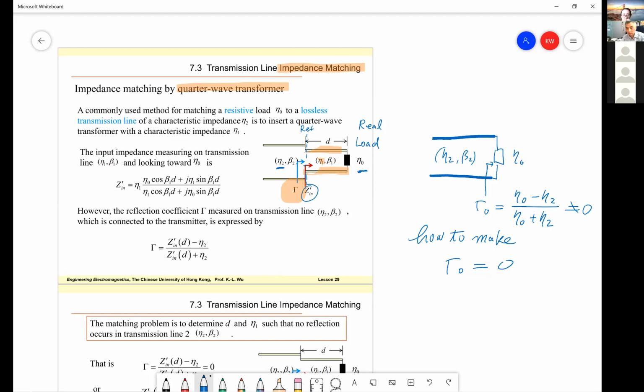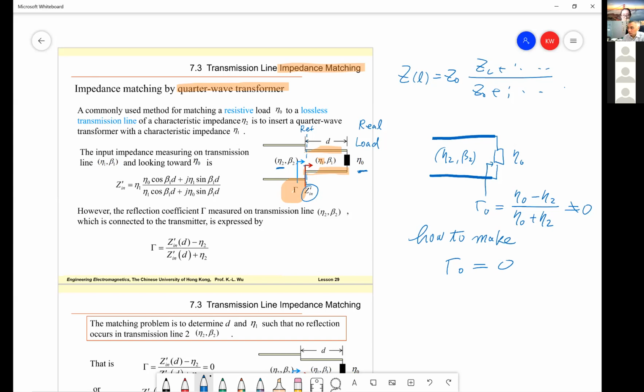This is what we have done, right? We find the impedance. We use the transmission line equation. I let you fill in the blank. Now I can find this.